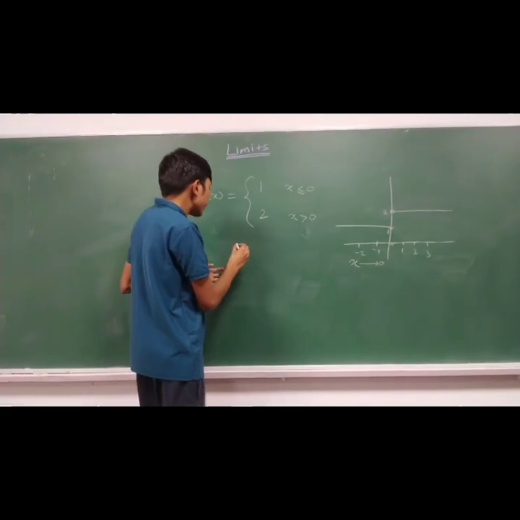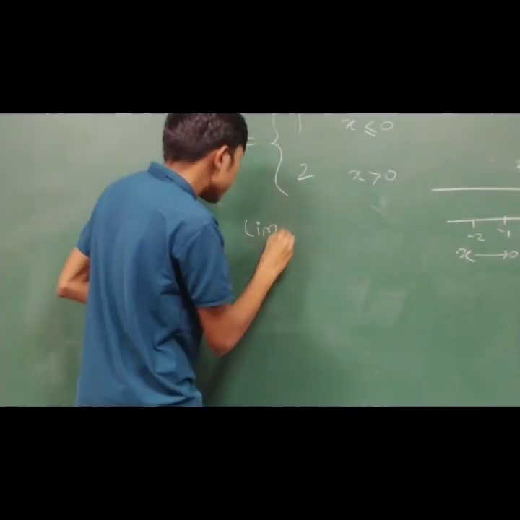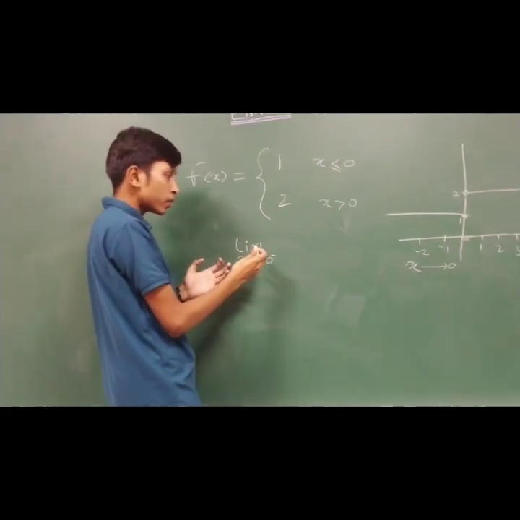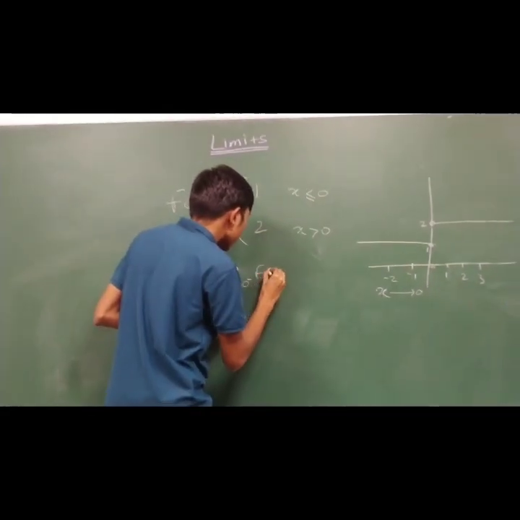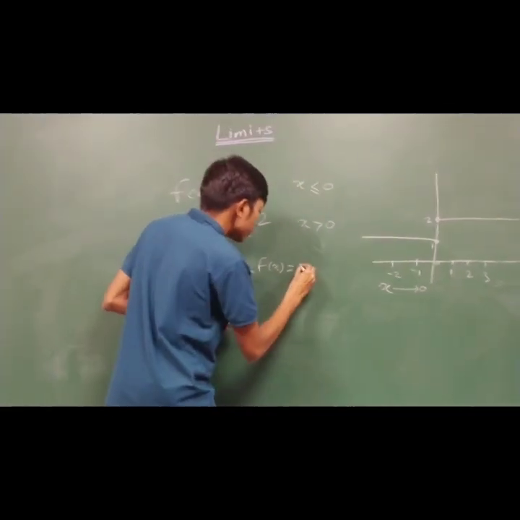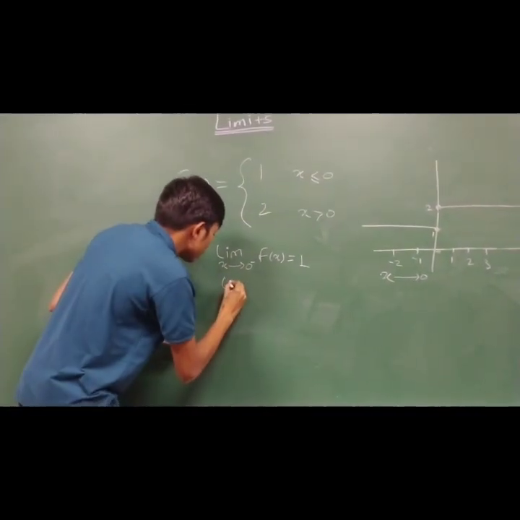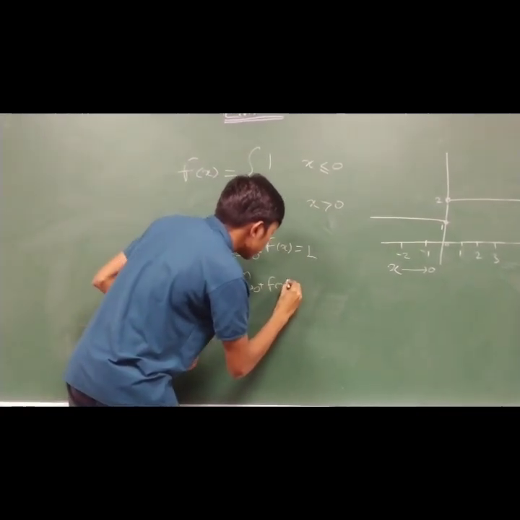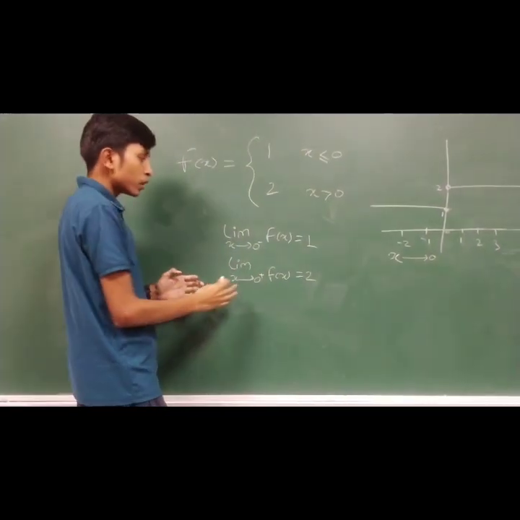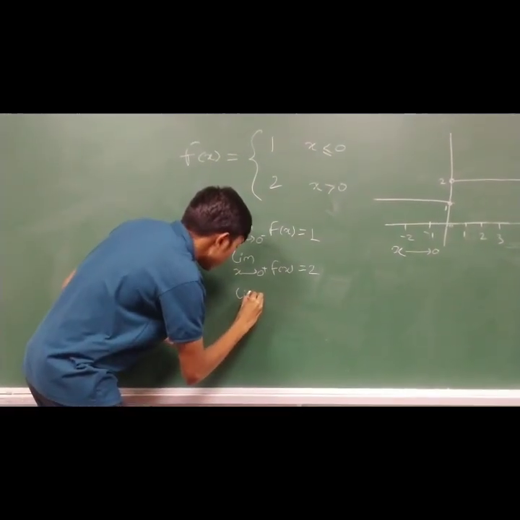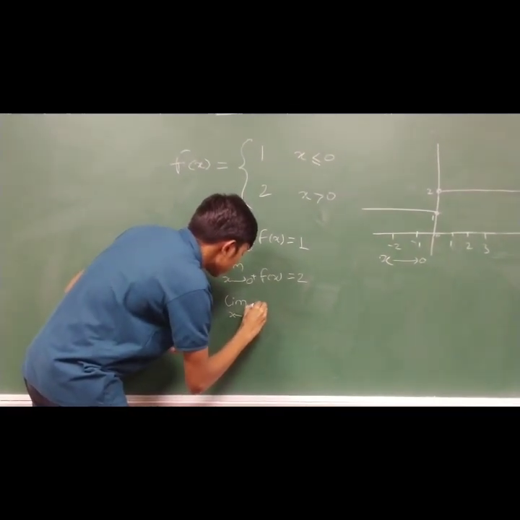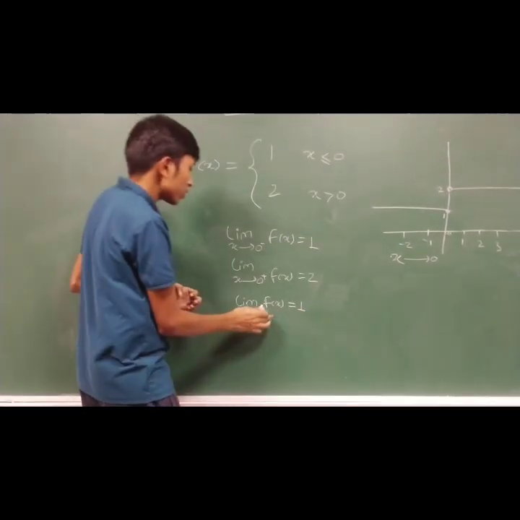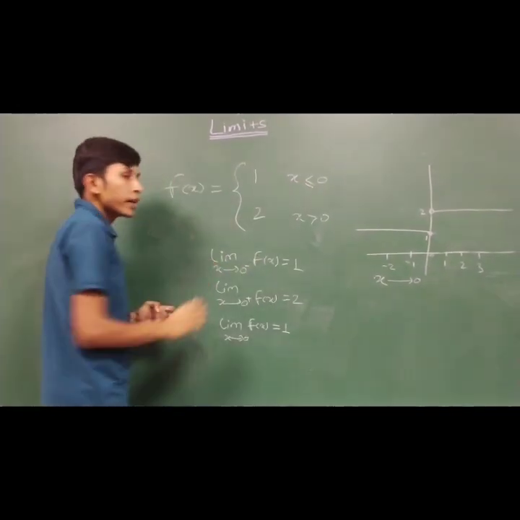So we can write it symbolically: limit as x tends to 0 minus, for the left hand limit, is 1, and limit as x tends to 0 plus is 2, and the value at x equal to 0 is 1, because at 0 the function is defined to be 1.